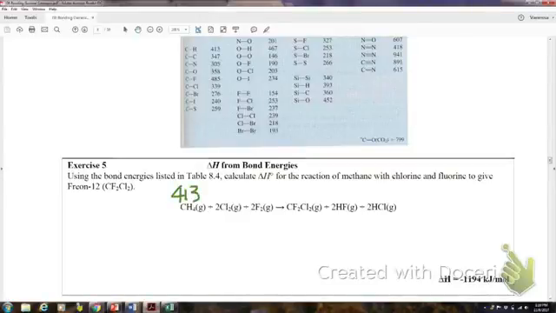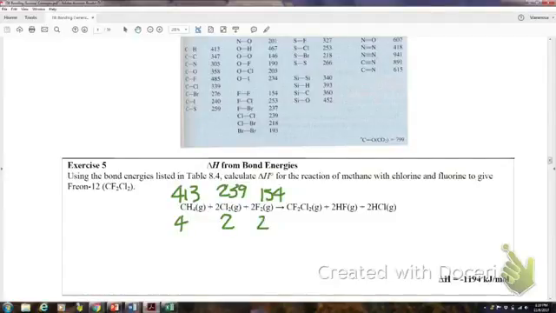But how many of them do I have? 4. I'm going to do it like this so you can see. 4 of them. For the chlorine bond, the chlorine to chlorine bond is 239. And if you don't have a calculator, go ahead and grab one out while I'm writing. And we have how many of those? 2. The fluorine to fluorine bond is 154. And we have 2 of those.